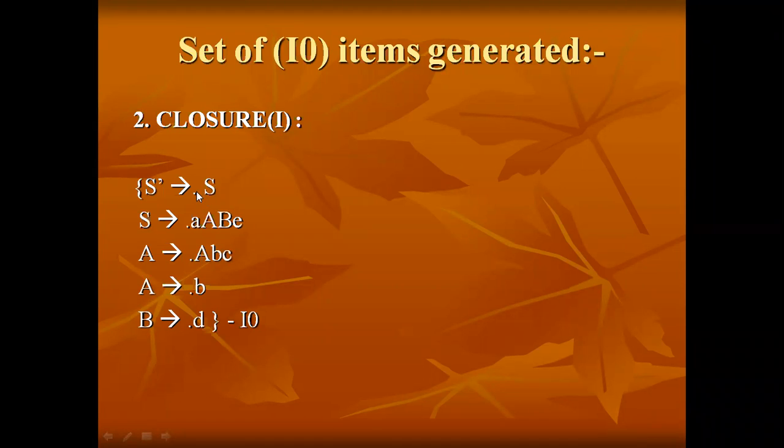Why? Because I need to process the S, since the variable S is consisting with the dot. So I need to process S here, and I am checking whether there are any other rules with S. I am checking from the set of I naught until I reach the computation for this D. Whatever rules the set consists of, every rule should be processed.